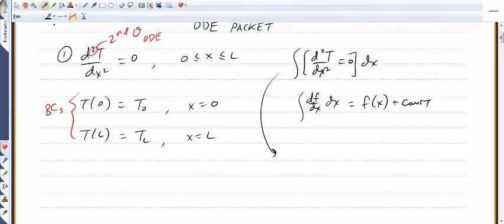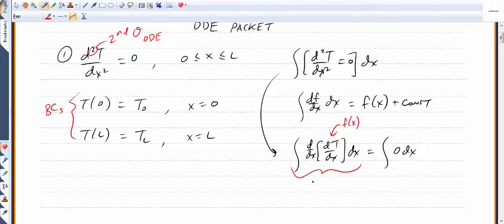So if we look at our original equation, the left-hand side, d squared T dx squared, we can write as d over dx times dT dx, which we're integrating with respect to x, and the right side is going to be 0 dx. We can say that dT dx is effectively f as a function of x. So therefore, this left side becomes dT dx plus a constant. The right side also becomes a constant.